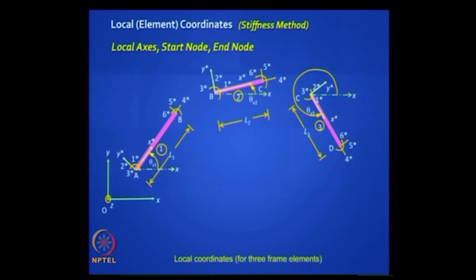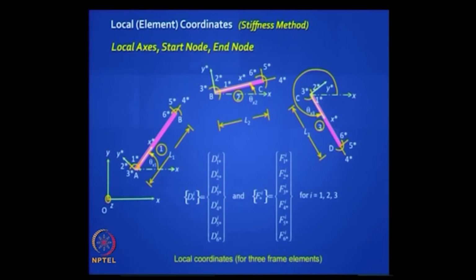Good. Now for each element, for the ith element, let's say this is a simple structure with 3 elements. I can have a structure with 525 elements. So i is a generic index that I will use. If I say D without any star, it goes to the central government automatically.